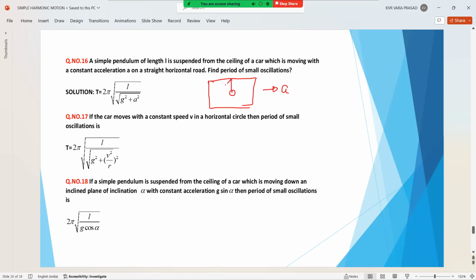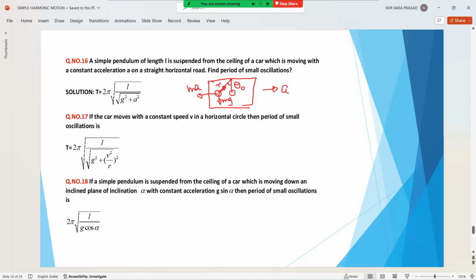In equilibrium, the string makes some angle, take it as theta naught. mg is downwards, pseudo force is to the left side, and tension will be along the string length.